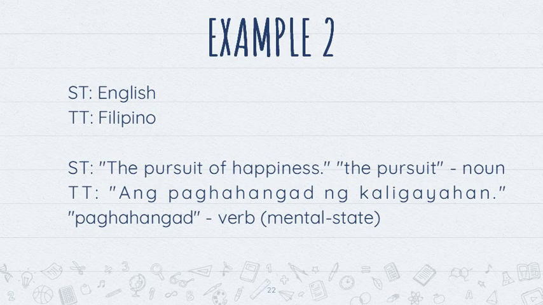Now, the word paghahangad is the verb under a mental state verb. Based on the given sentences, class shift occurs because the target language or target text item is a member of a different class from the original item or from the source language or source text.